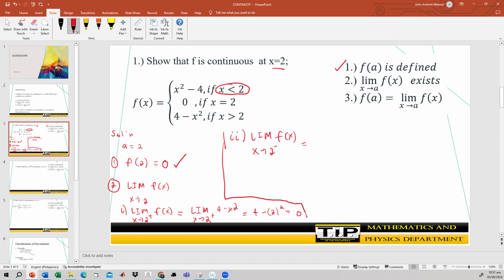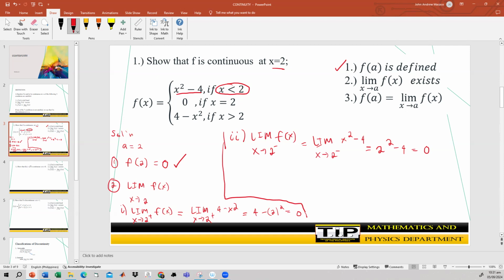So we'll write the limit of the corresponding function, x squared minus 4, as x approaches 2 from the left. Upon substitution, this will become 2 squared minus 4, which will lead to 0 as well.